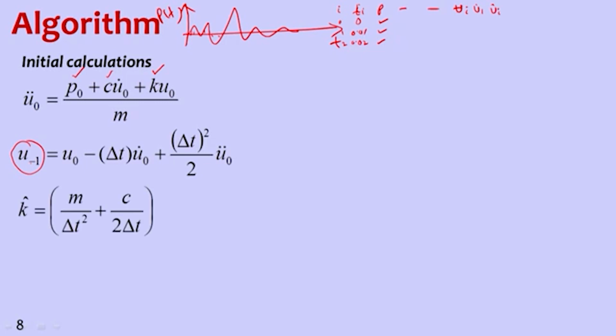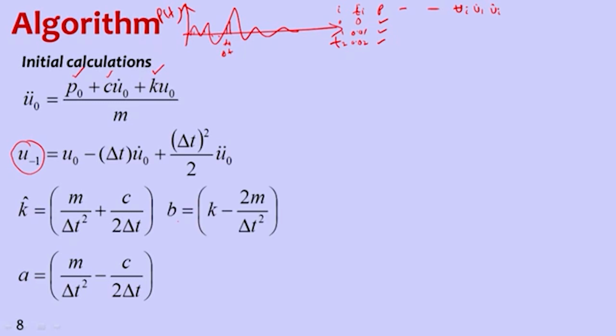Then we find K, M by delta t square, C by 2 delta t. Delta t is this time interval. It can be fixed, though it need not be a fixed value at every time, but for convenience we fix it. Then A is this, B is this value, which is further simplification, and then we get P cap for that time instant.